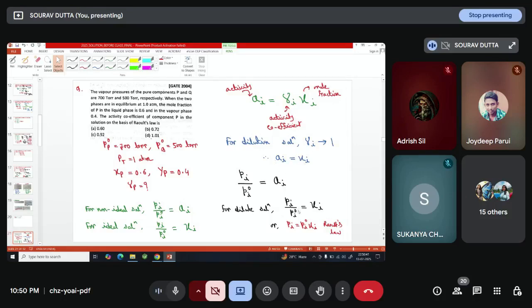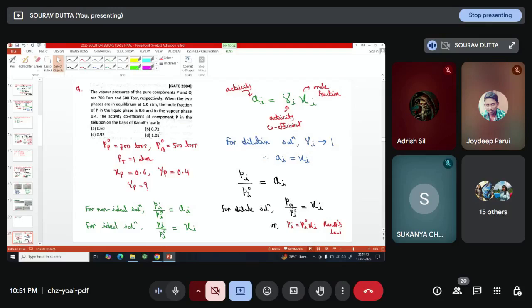Then Pi by Pi naught equals xi, or Pi equals Pi naught times xi. Look at this carefully, this is your Raoult's law. The vapor pressure of a component in solution equals the vapor pressure in the pure state times the mole fraction. That is basically Raoult's law. So Raoult's law is applicable for dilute solutions.